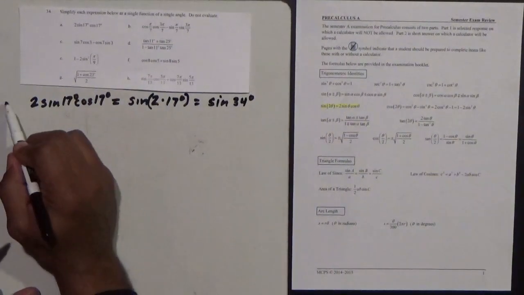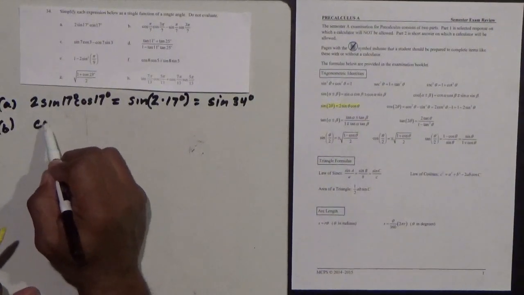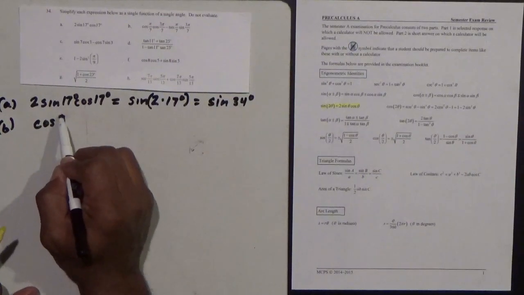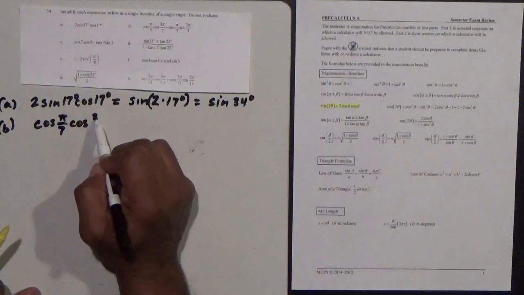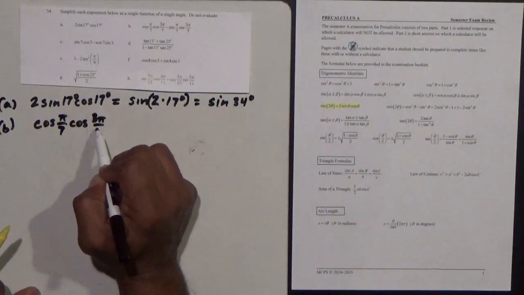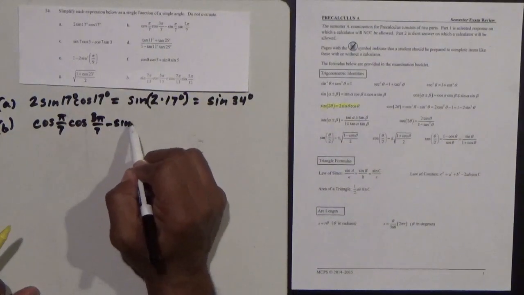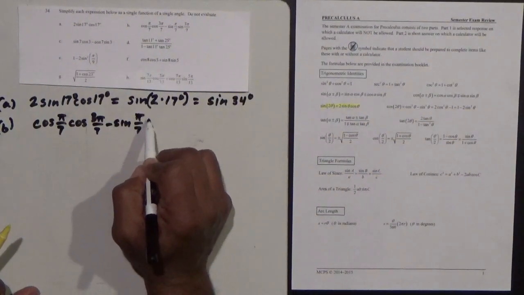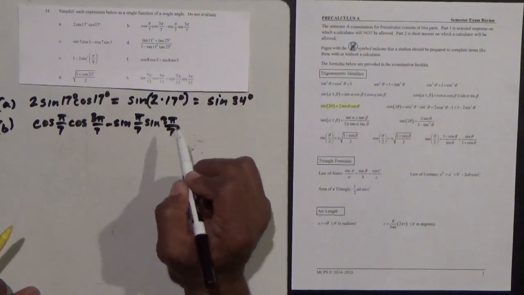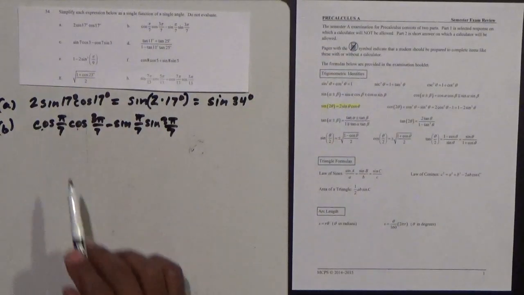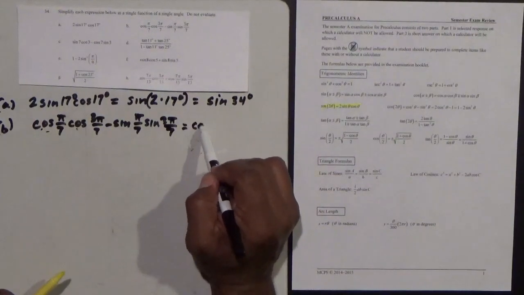All right, keep going. A, that's alright. B, we have cos cos. If you're in my class, you've heard me say cos is cos cos. So we're dealing with a sum or difference identity using cosine. In this case, cos cos, so this is going to be cosine.